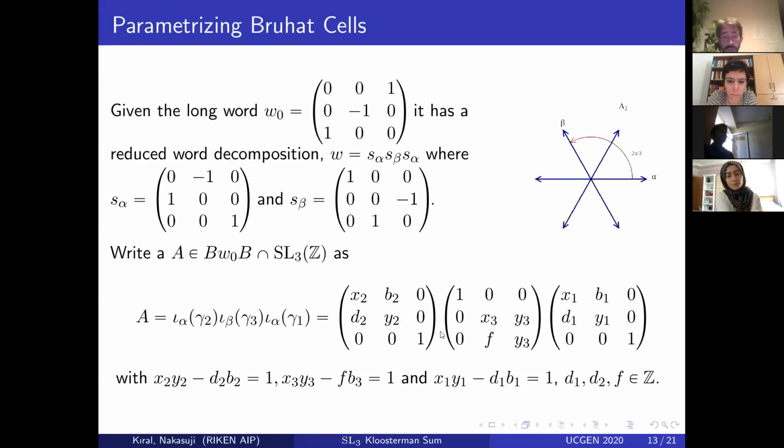Hopefully the rest of the matrices will also be unipotent on either side. And then we have 3 factors, 3 moduli, D1, D2, and F. And also these factors satisfy x2, y2 is congruent to 1 modulo D2.